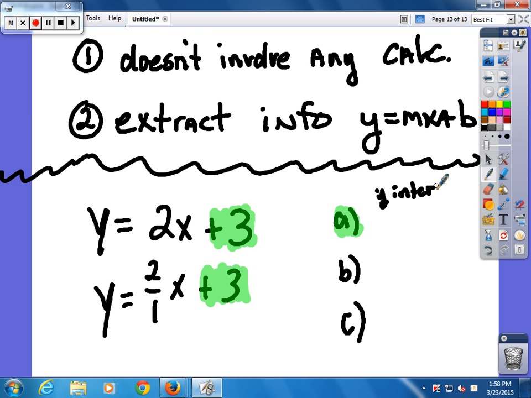Now, some of you go back to your handy-dandy sheet that we went over last time. And what is the y-intercept in this problem? Huh? 3. That's why I highlighted it. All I did is pull it out.